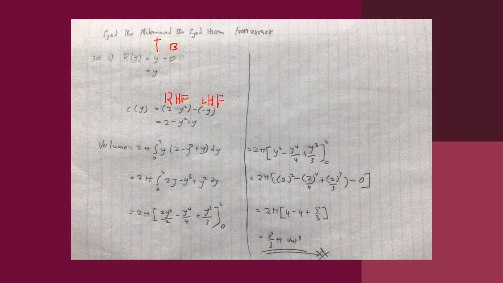and then we need to find the volume. 2 pi integration from 0 to 2 of y in the bracket of 2 negative y square plus y dy. Then we need to multiply everything, and then we get 2y minus y cube plus y squared.